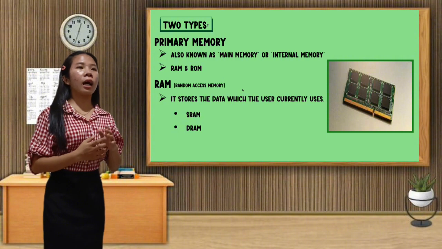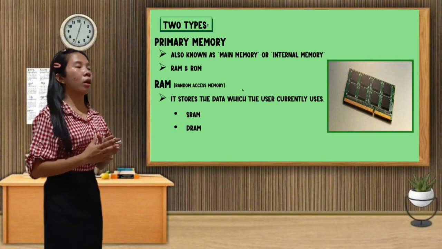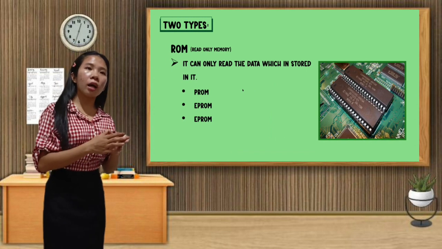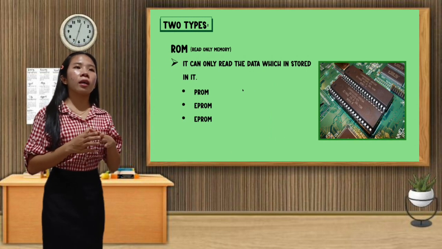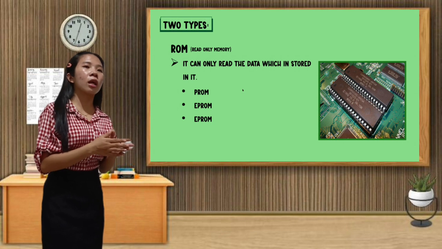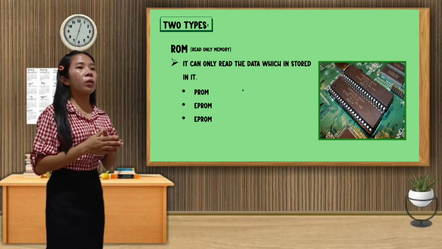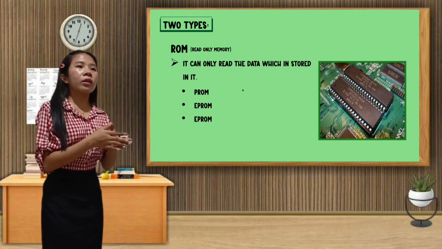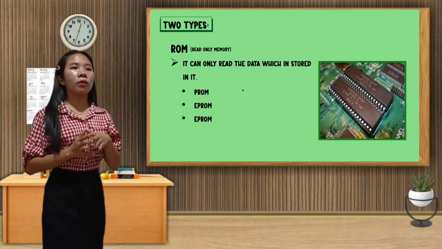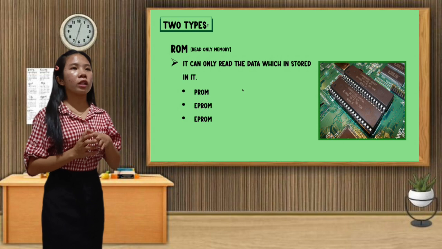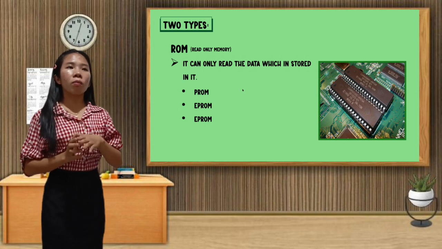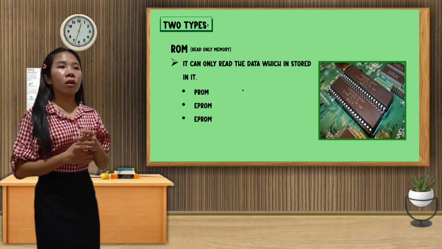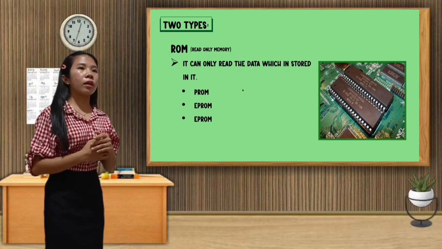So now let's move to ROM, also known as read-only memory, which can only read the data which is stored in it. So mainly, there are three types of ROM, which is the PROM, also known as programmable read-only memory.